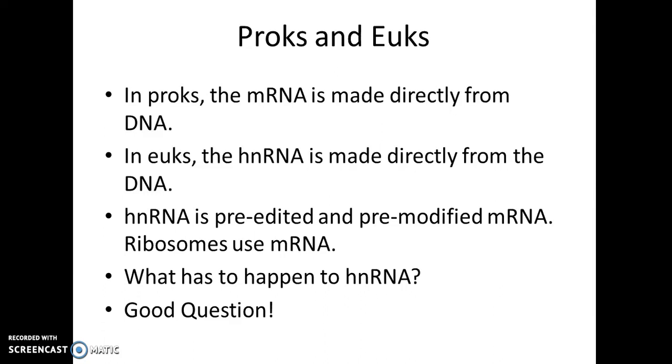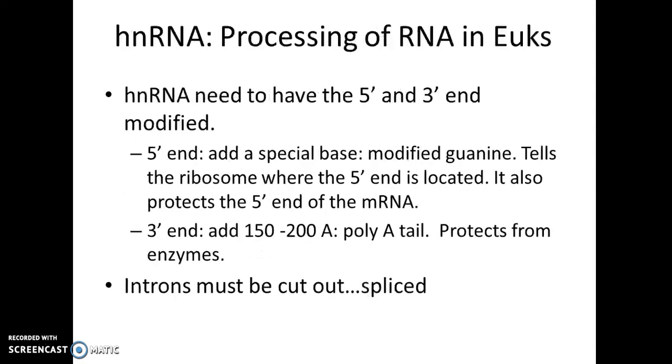So you might be asking yourself, what has to happen to the hnRNA in order to be made into mRNA? And that is an outstanding question, and I'm really glad you asked. The hnRNA needs to be processed. First thing you have to modify the ends. On the 5' end, there's going to be a special base called methylguanine, the modified guanine that's added to the 5' end of mRNA.